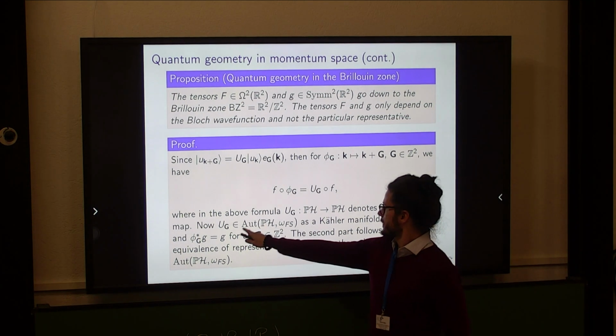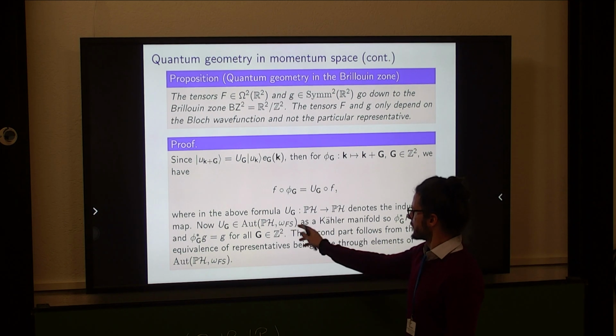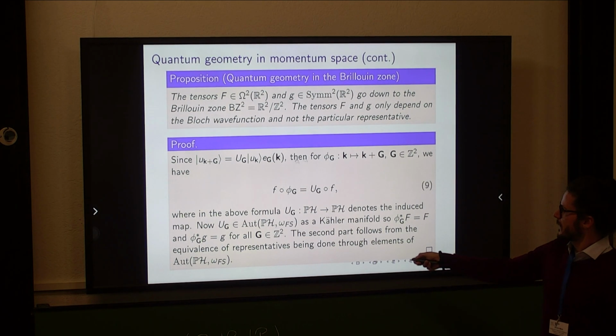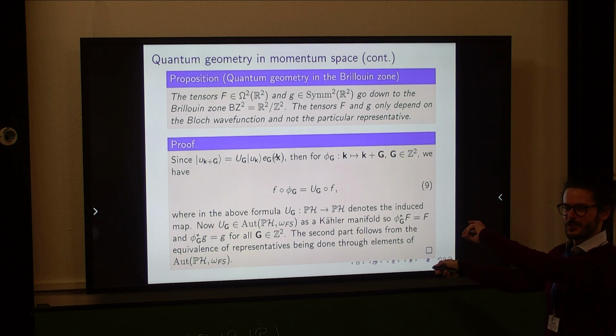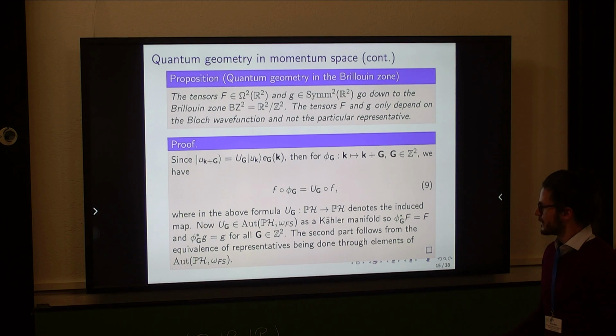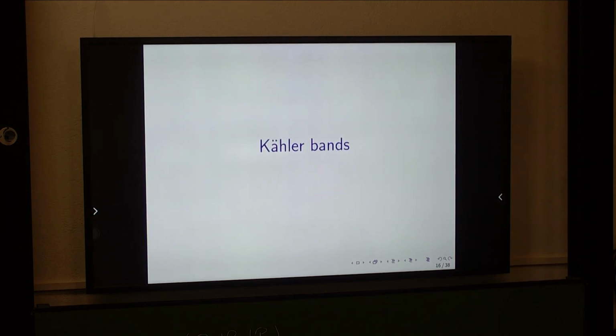So U of G is an automorphism, and when I act with U of G, since I'm pulling back, this holds. So there's this intertwining. If I use pullback in this formula, the pullback reshuffles order, and therefore, good. Okay. So now we go to different Kähler manifolds that will arise.